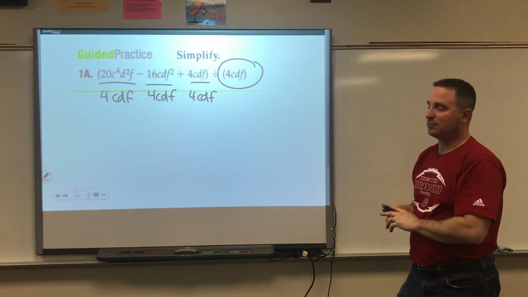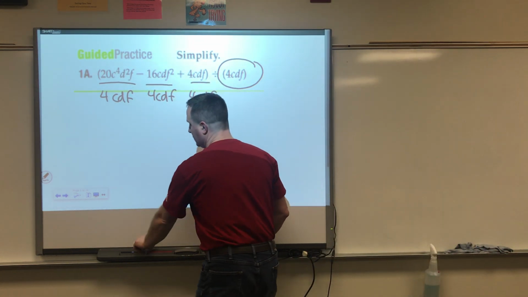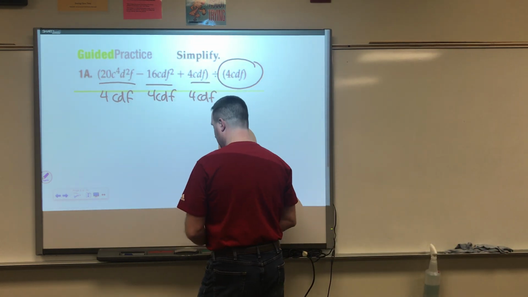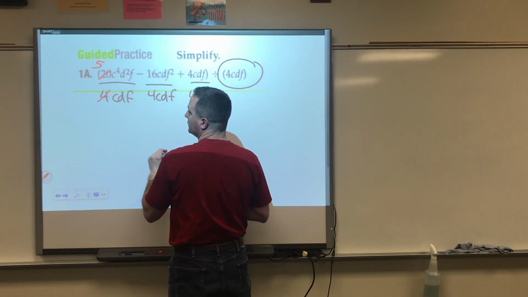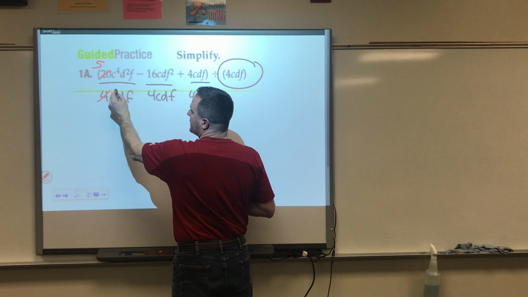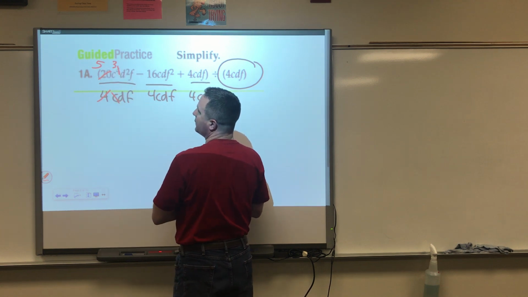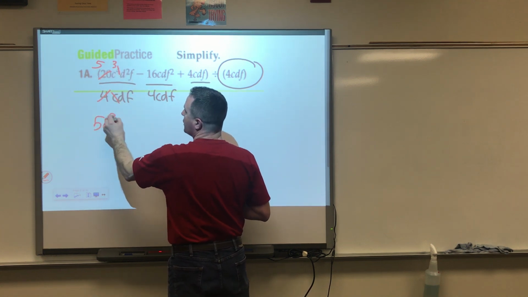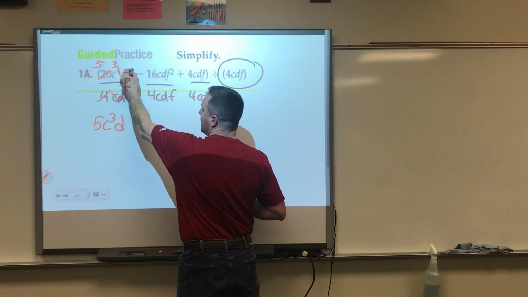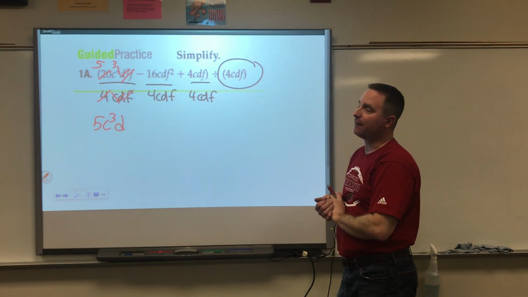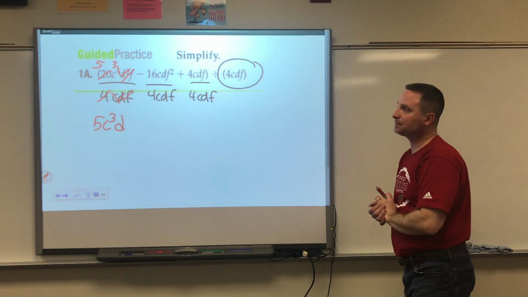That might be the easiest. If I look at my first term out here, okay, 4 goes into 20 5 times. This c leaves me with 3 c's left over, so I have a 5c cubed. That leaves me with 1 d left over, and then the f's all go away. So I just get a 5c cubed and a d.